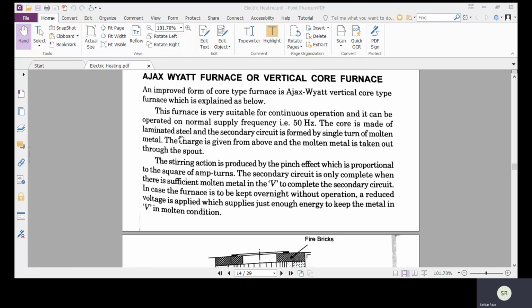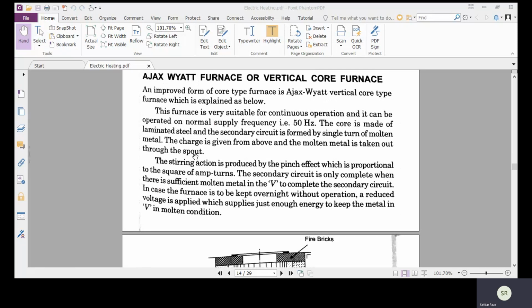There is laminated steel within the core in order to avoid saturation at high frequencies, and the secondary circuit is a single turn of molten metal. The charge is given from above and molten metal is taken out through the spout at the bottom of the furnace.